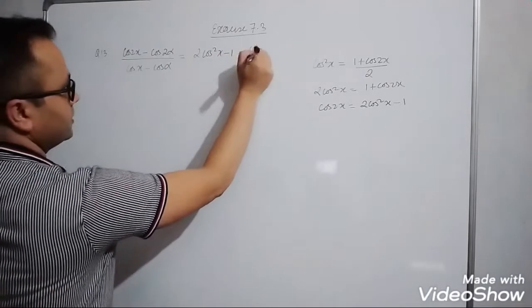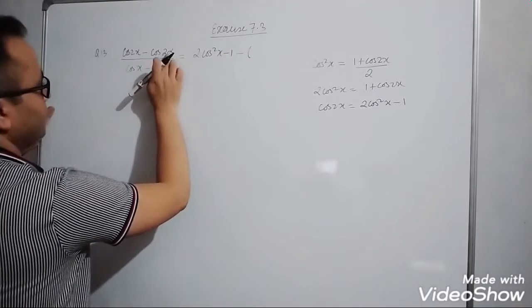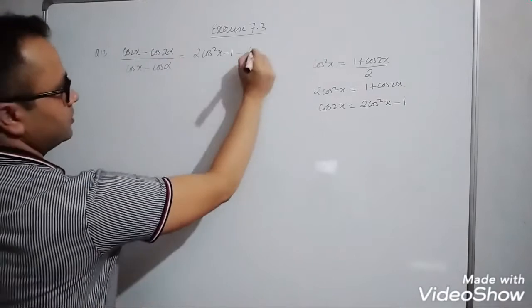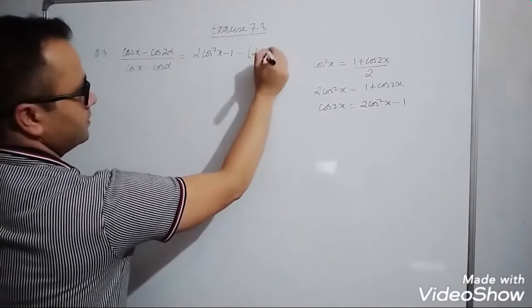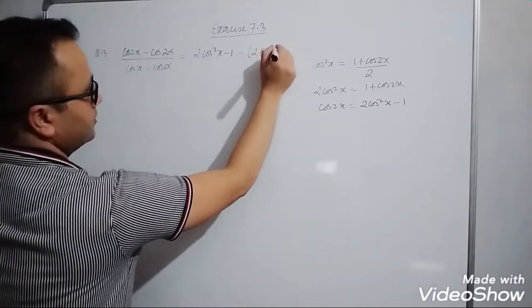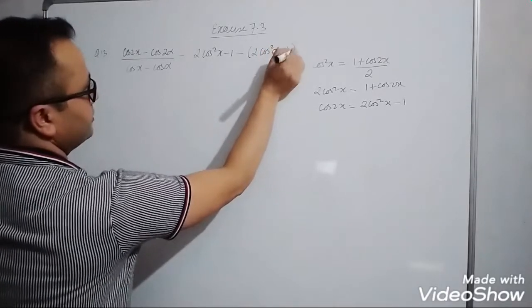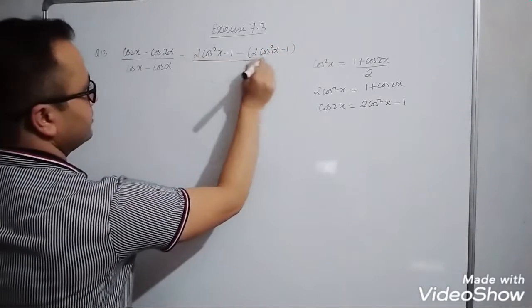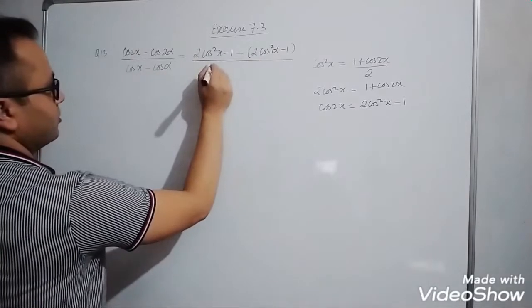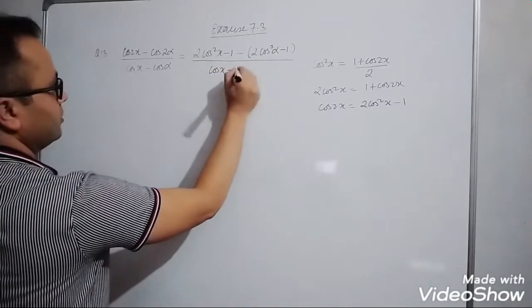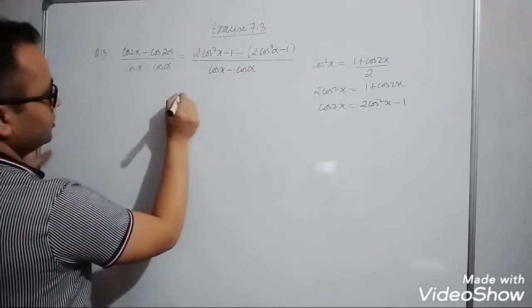Again we have to put the same formula for cos 2 alpha. So the formula is the same: 2 cos square alpha minus 1, divided by the denominator cos x minus cos alpha.